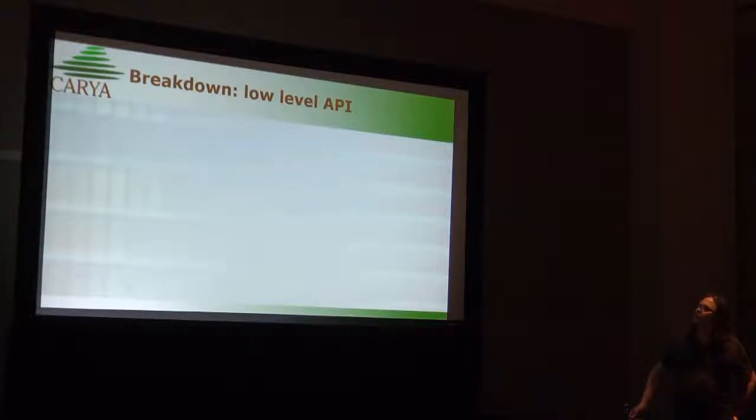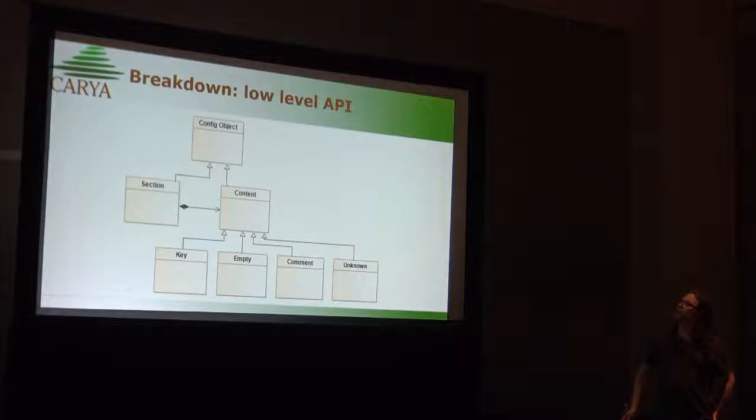So, to make a library that handles all these requirements that I have, I started breaking down a low-level API, and this makes sense, right? You have a configuration object, and it has a child that's a section. Everybody is a little bit familiar with OO, I hope?